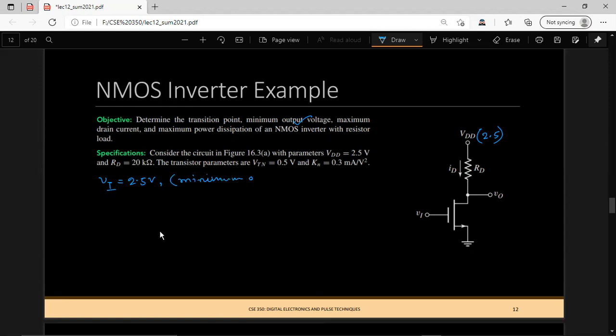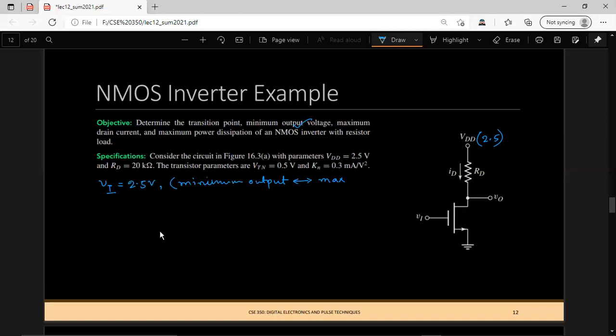Minimum output whenever we are using maximum input for this inverter circuit. Okay, because input voltage is now 2.5, we can safely assume that M1 is operating in triode region.